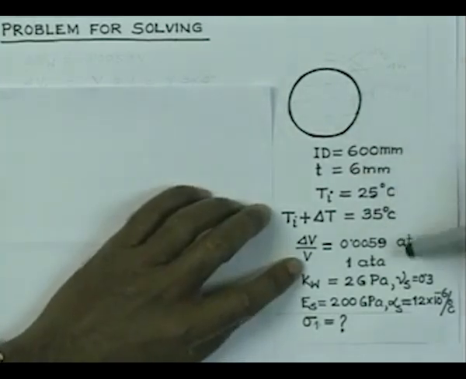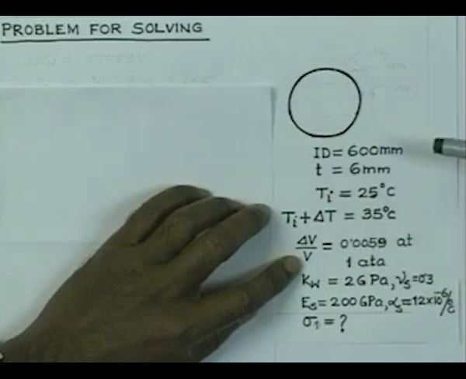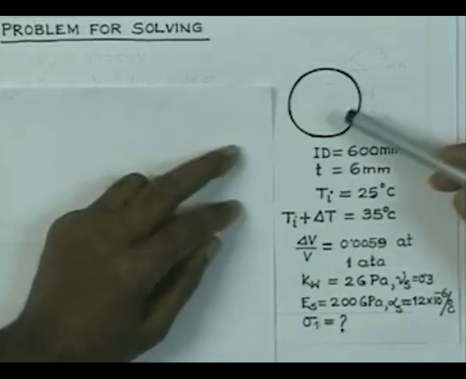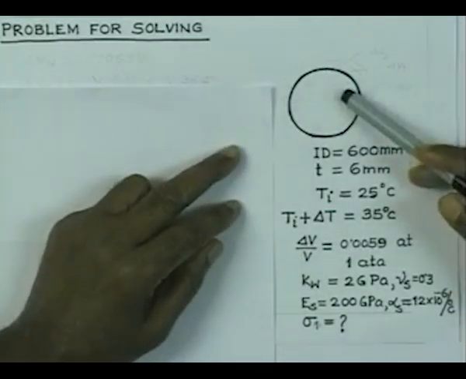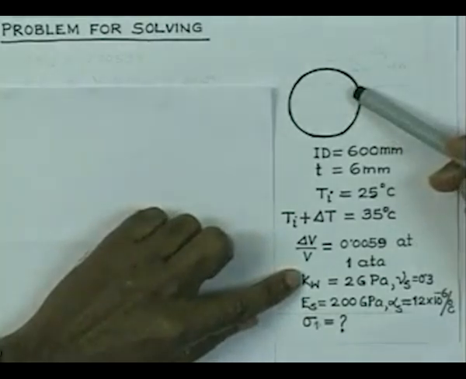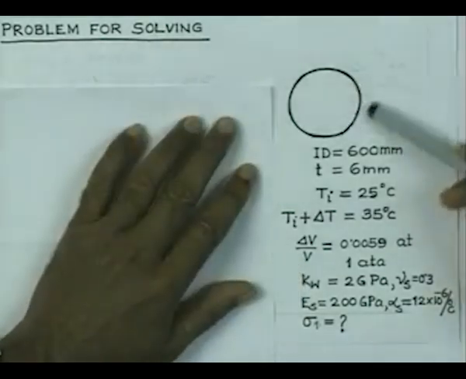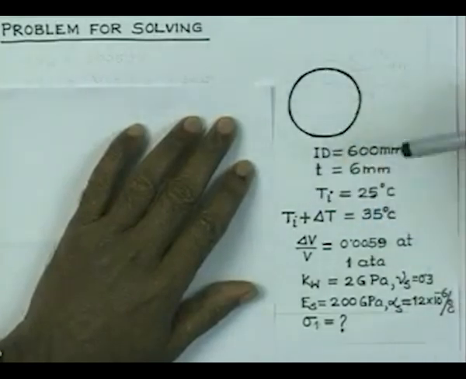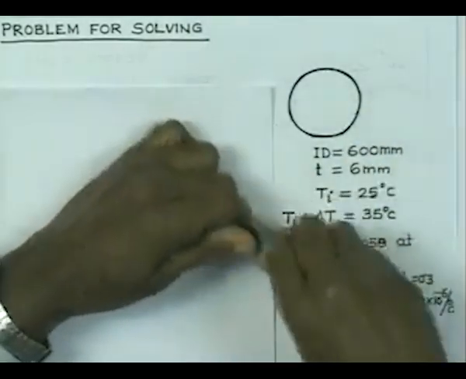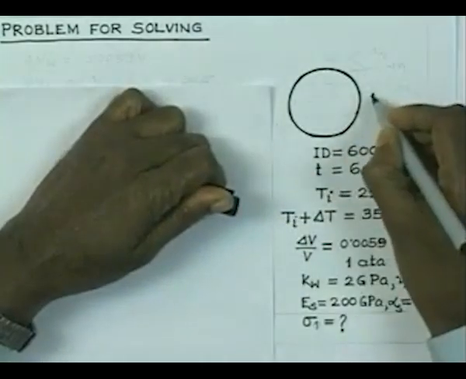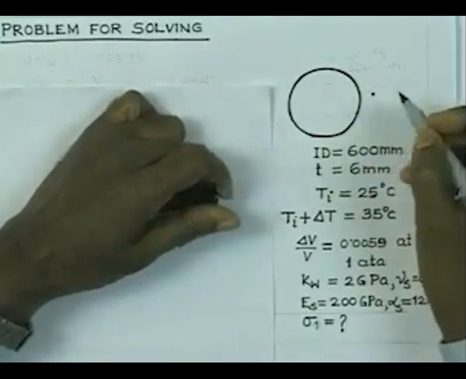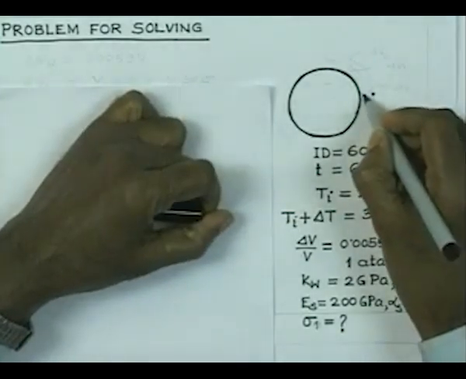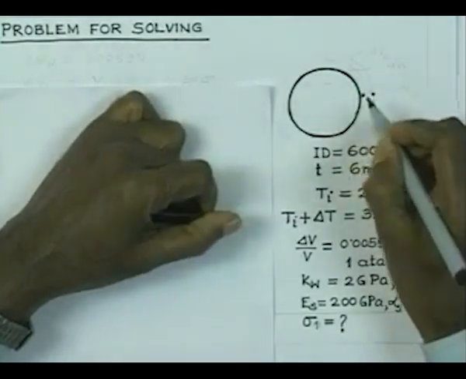Because of that rise, the volume of water is going to rise at this rate. So, you can find out the volumetric increase of the water, and if the water is allowed to expand freely, it will take up some position up to, let us say, this position. Because of the temperature rise, the vessel is going to expand up to this position, radially.